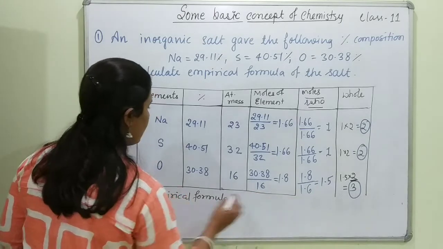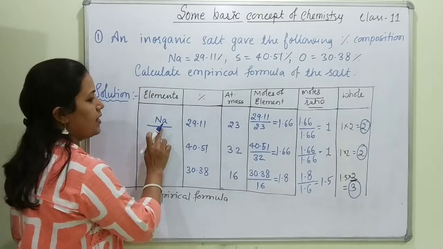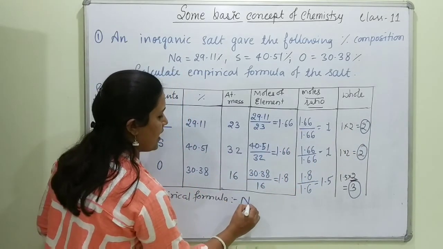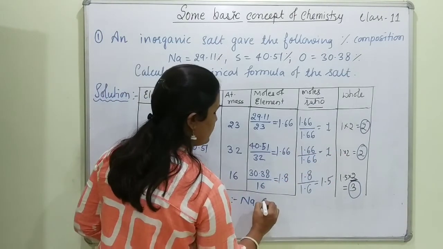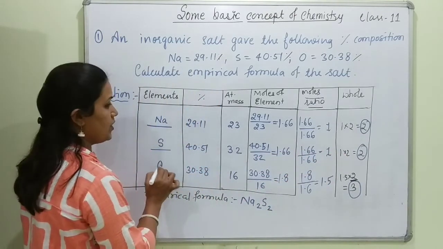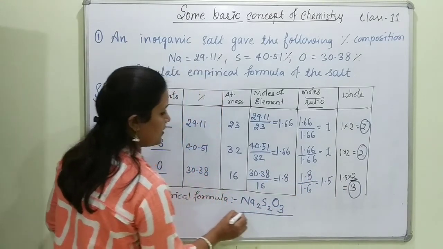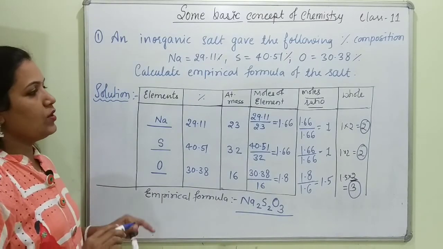See how I'll calculate. First of all, I'll be seeing this value. Yes, Na. In the Na line, what can I get? 2. So I'll be writing here Na2. Here is S, so it becomes S2. And next one is O. So I'll be getting the answer as O3. And this is the empirical formula of that particular salt.